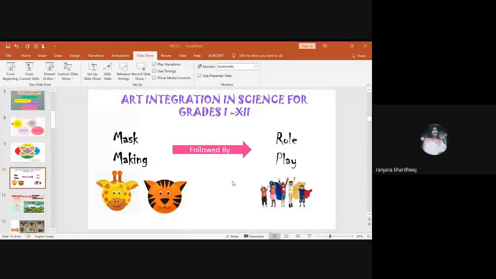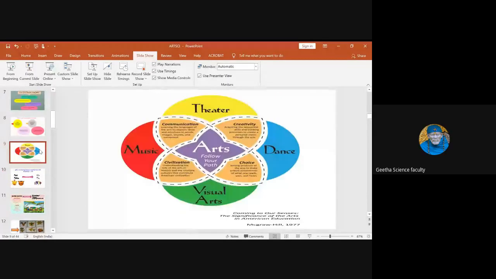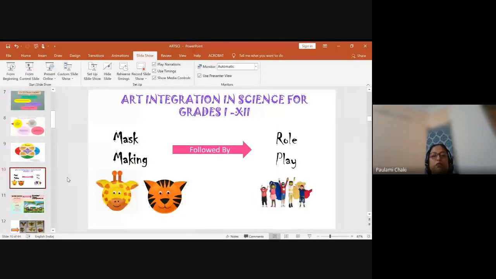Yes, ma'am. Can you now see the shifting also? Yeah, fine. So I will keep in this mode only, because sometimes in Google Meet I have seen that when we make it full screen, the slide doesn't move from one to another. I hope the slides are pretty much clear to all of you. Yes, ma'am. Thank you, sir.